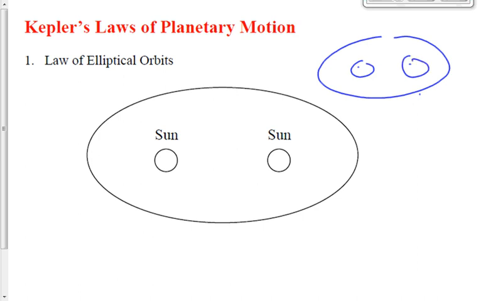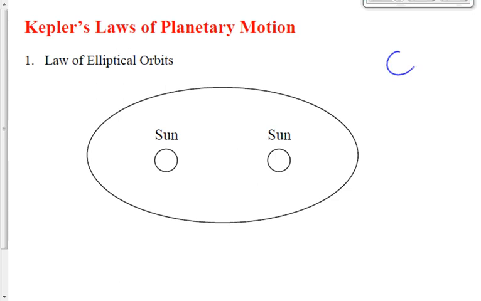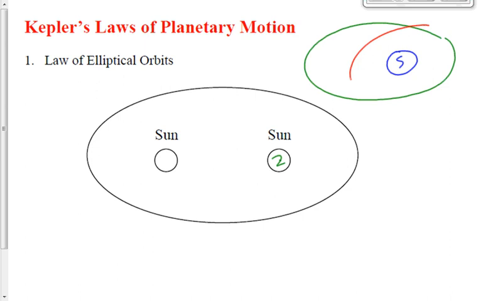No, the way it works is the sun is right here, and the Earth revolves around the sun like this, such that the sun is at the second focal point, or the Earth revolves around the sun like this, so that the sun is at the first focal point. It's not at both, right? The Earth goes in an ellipse around the sun, around the second possible position of the sun like this.